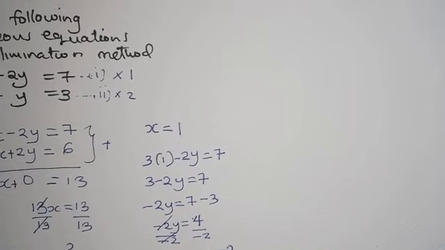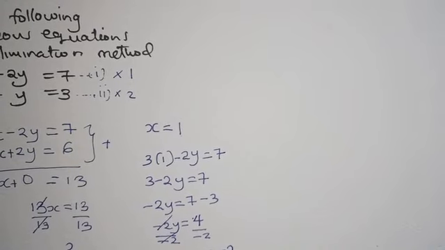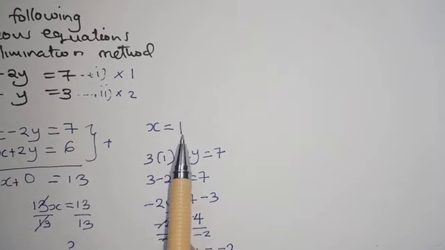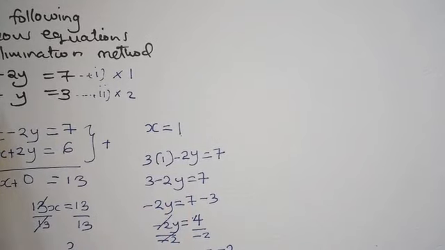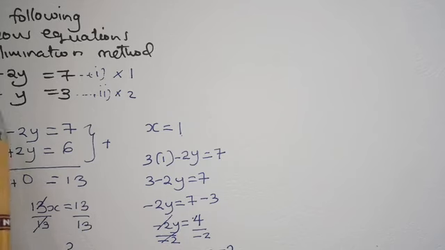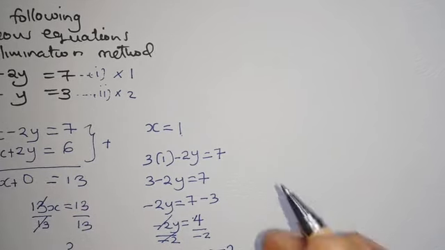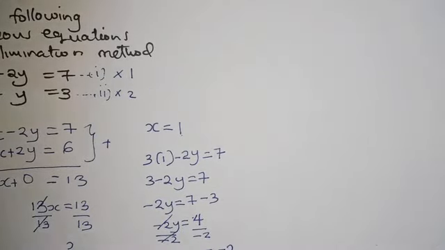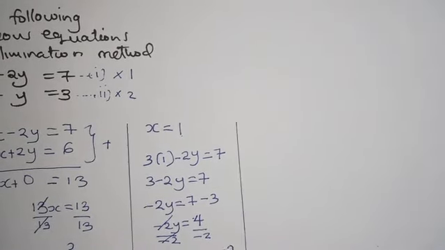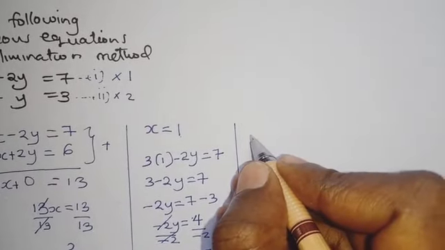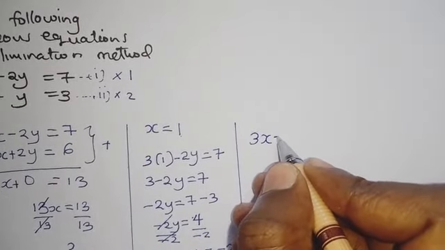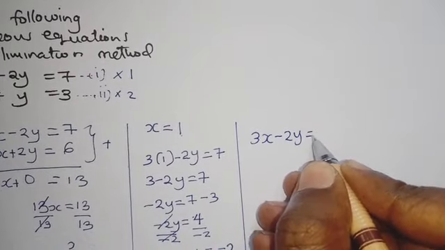So we take 1 and put it in the place of x, of 3x. Let's just use the first one, because we want to confirm our equations. The first equation was 3x minus 2y equals 7.